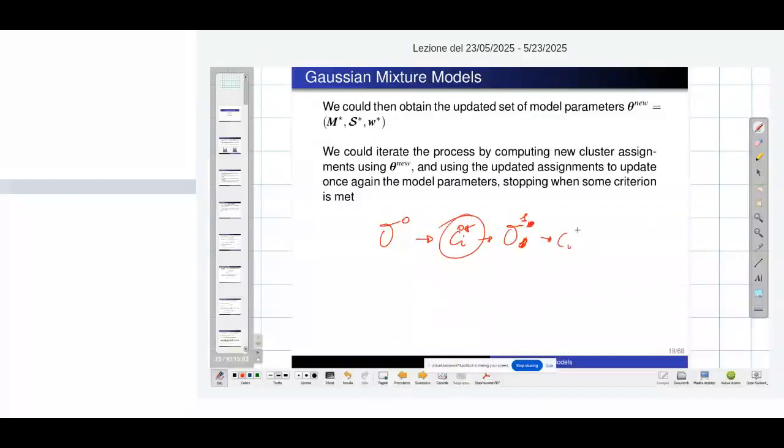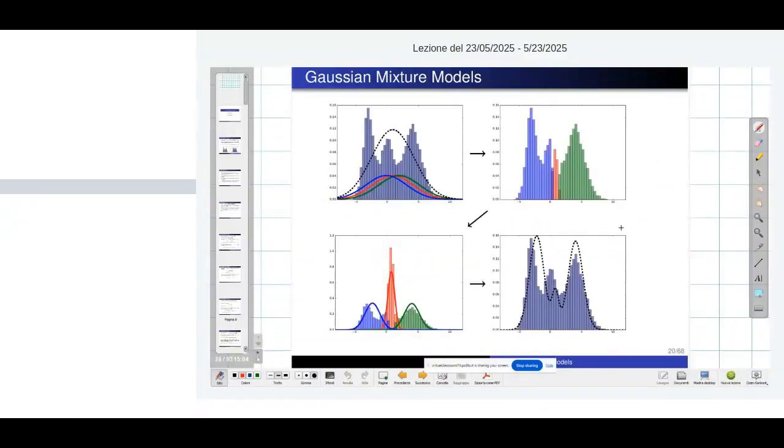By repeating this process, we will hopefully reach a point that will provide us a good model for our feature. Does it? Well, let's see with an example.